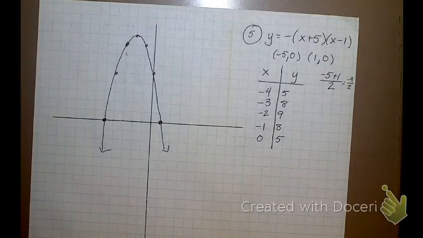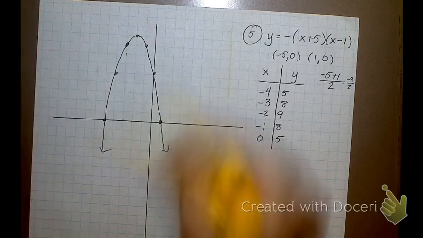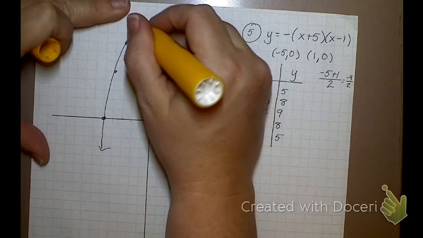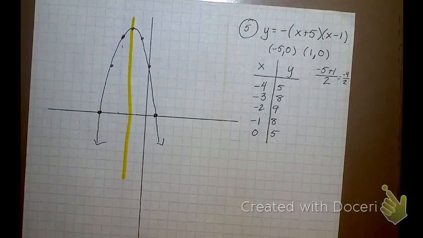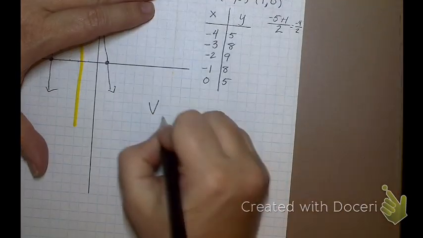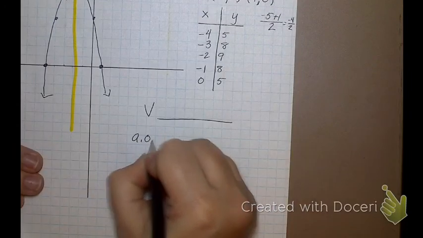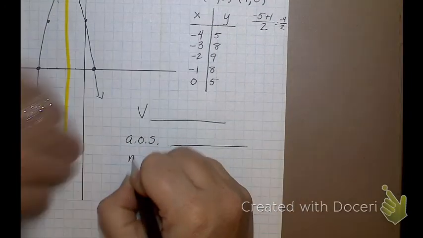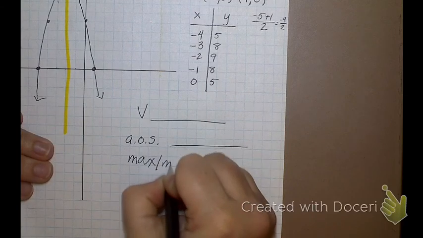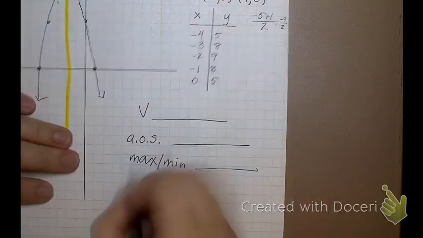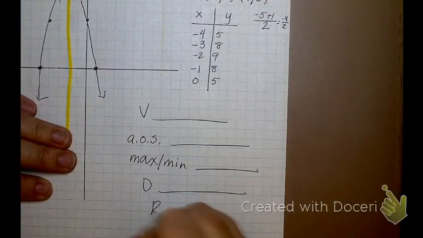Let's see. And now I can draw in my axis of symmetry. And now I can fill out all that information that I had on the other side that I didn't have here. So vertex, axis of symmetry, max, min, domain, and range. So, what's my vertex?